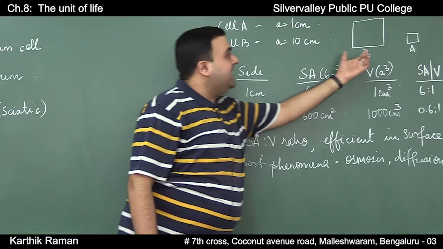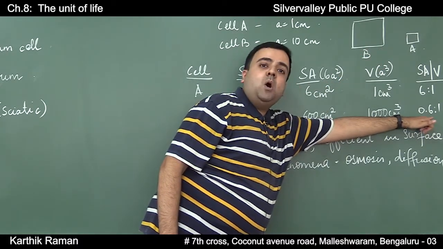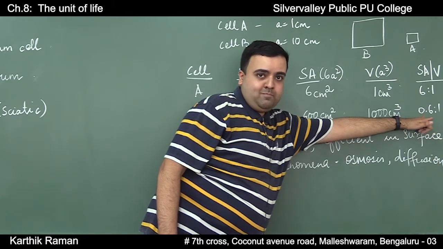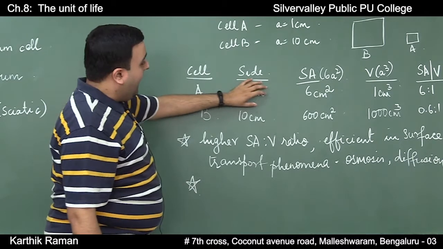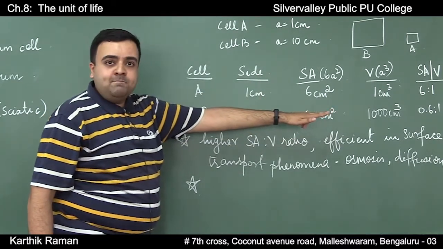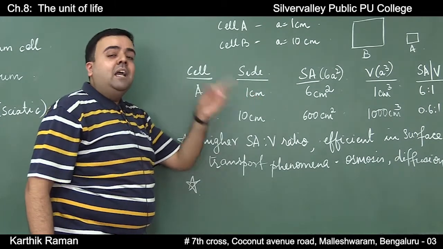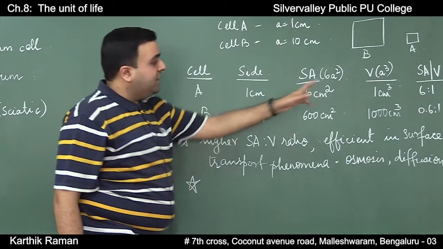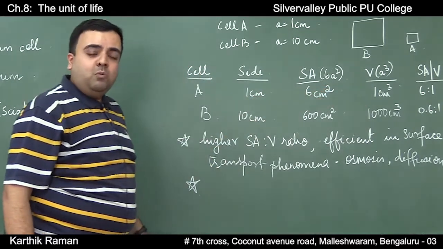If I have a single large cell, the surface area to volume ratio is going to be 0.6:1. Now since I am going to have the same volume, say 1000 centimeter cube, I can have 1000 cells with side 1 centimeter, and each cell is going to have the surface area to volume ratio of 6:1.